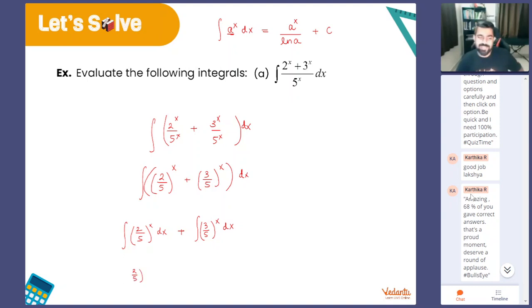Your a is 2 by 5. So the answer is (2 by 5) whole power x by ln (2 by 5), plus (3 by 5) whole power x by ln (3 by 5), plus C. That's it.